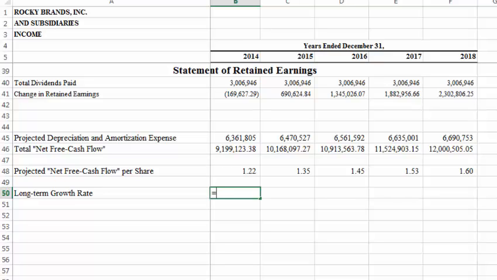So I'm going to be looking first at the rate, and I'm looking at these numbers right up here that have my projected net free cash flows. I don't have any observable net free cash flows. I mean, I guess I could go back and add back depreciation to net income and look, but that's not what I'm doing.